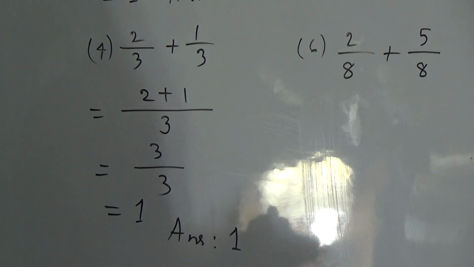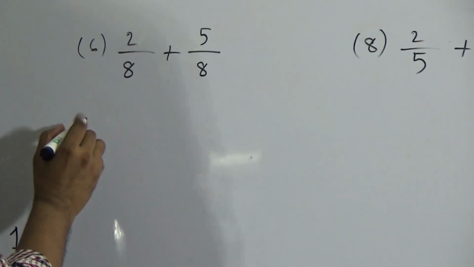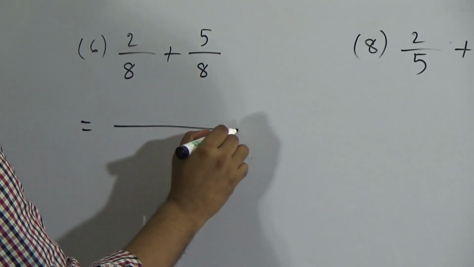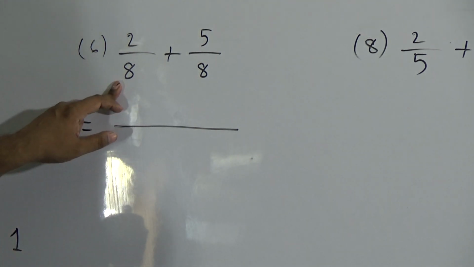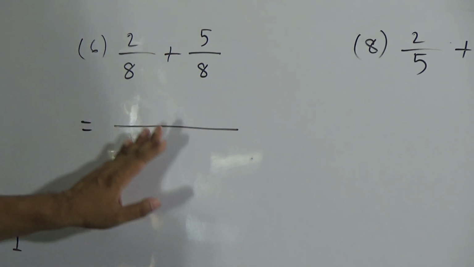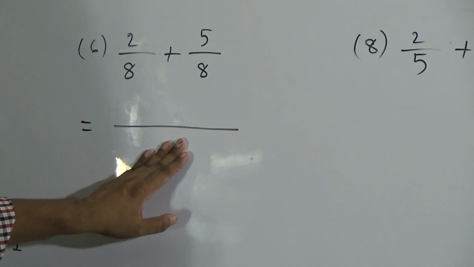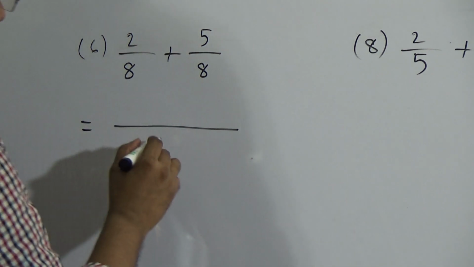Okay, dear students, now we'll add 2 by 8 with 5 by 8. Denominator of the first fraction is 8, denominator of the second fraction is also 8. So the denominator of the fraction after addition will also be 8.